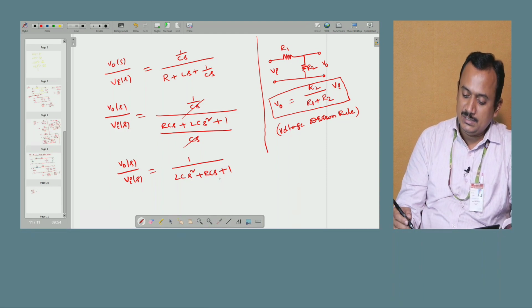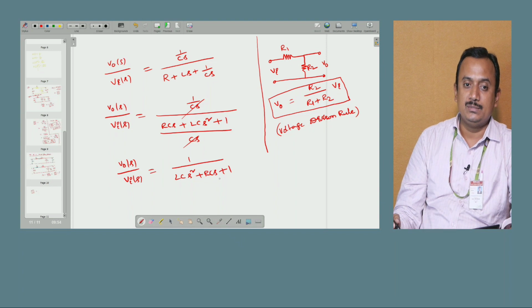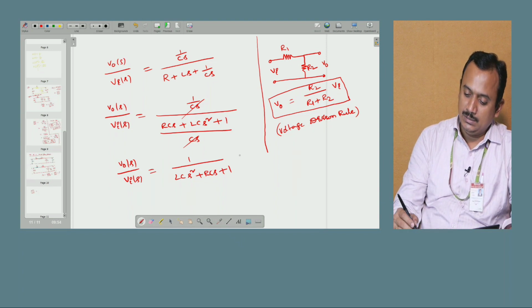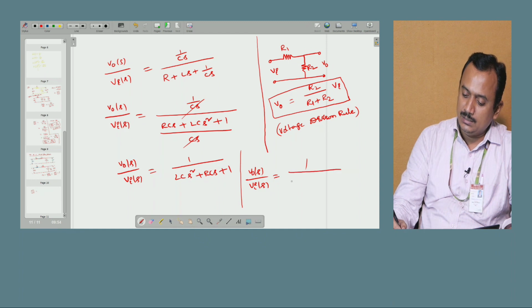Now always it is a best practice to make highest order coefficient equal to 1. So then what is that we are going to get? V naught of S by Vi of S is equal to, we need to make LC common, so S square plus R by L into S plus 1 by LC.